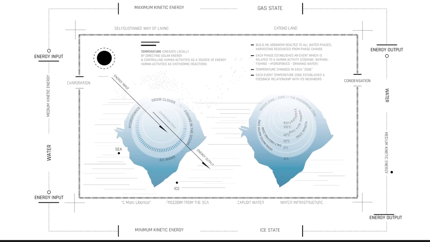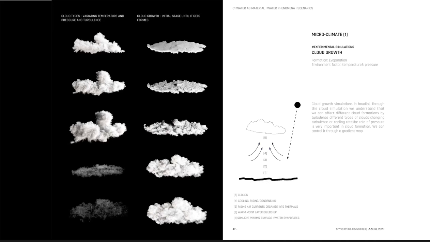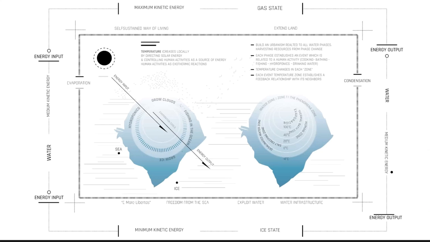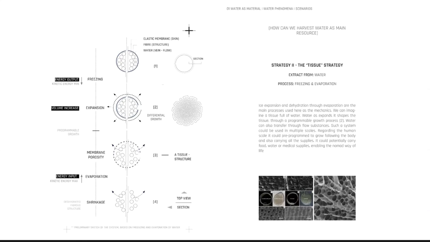So we could try to suggest a self-sustained way of living by different zones of activities and minimum water urbanism related to water infrastructure, in a way that each phase of water establishes an event which is related to a human activity like cooking, bathing, fishing, hydroponics, or fresh water.